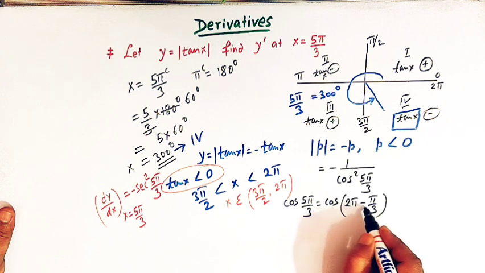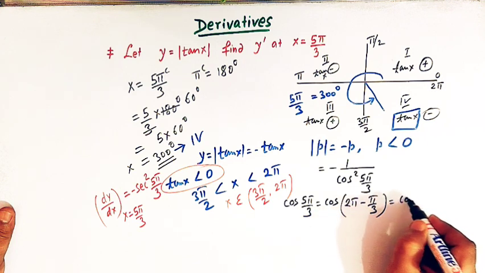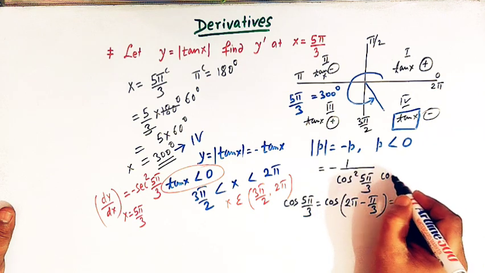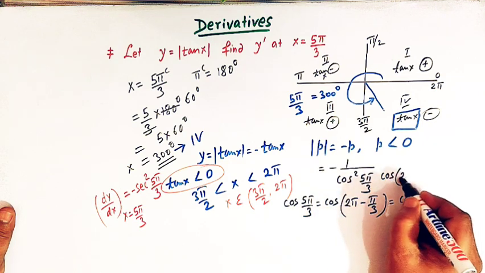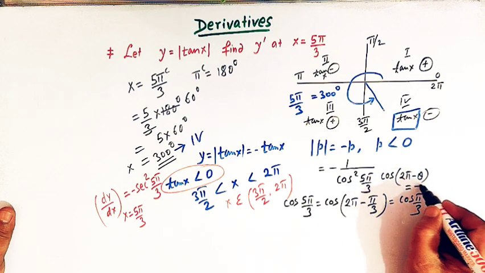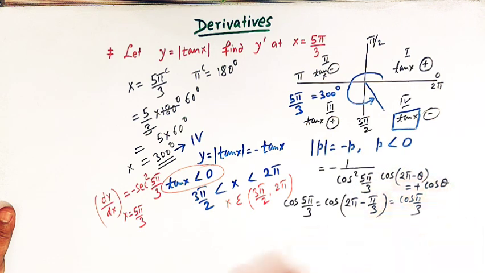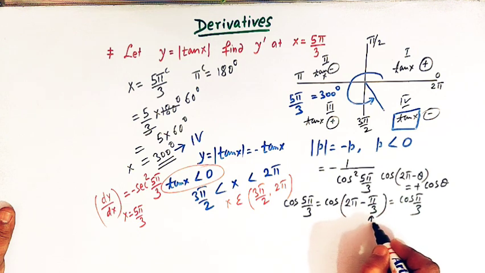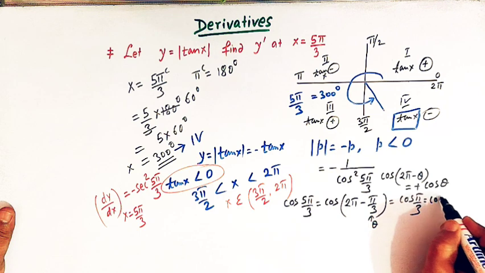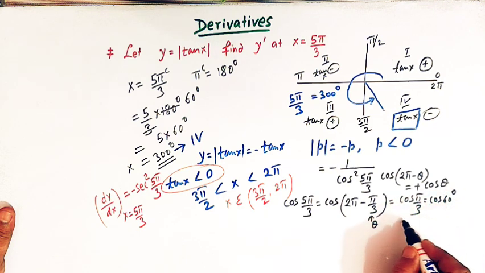And cos of 2 pi minus pi by 3 is simply cos pi by 3, because we know the result that cos of 2 pi minus theta is equal to a positive cos theta, and here our theta is pi by 3. So cos pi by 3 is cos 60 degrees, that is equal to half, right?